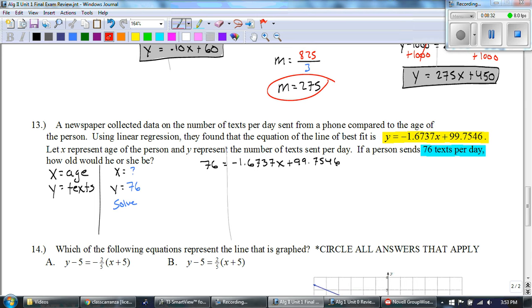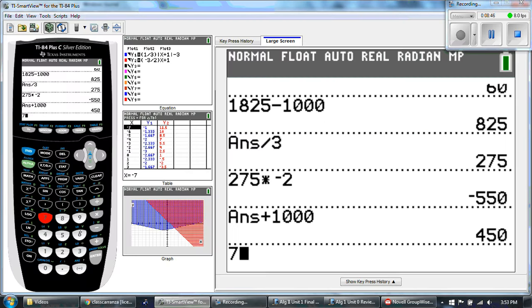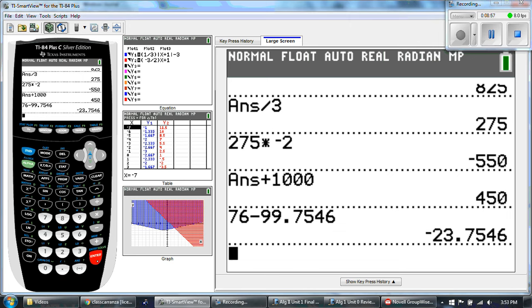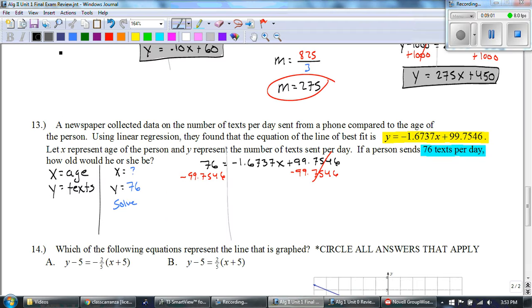To solve, we just treat it like any other problem, except we have big numbers. Don't freak out, and just double check that you're writing the same numbers down, okay? So we have 76 minus the 99.7546, and we write that number down exactly as it is.